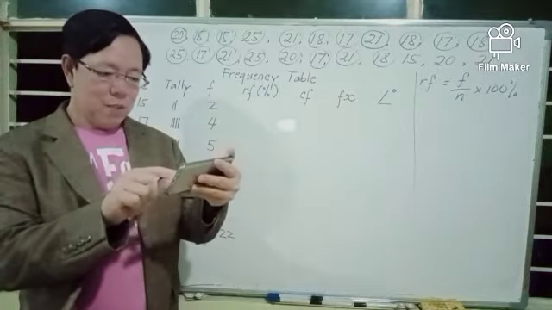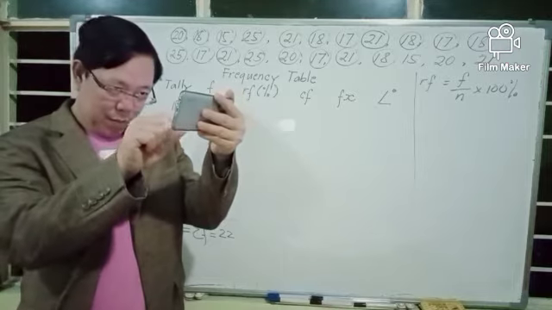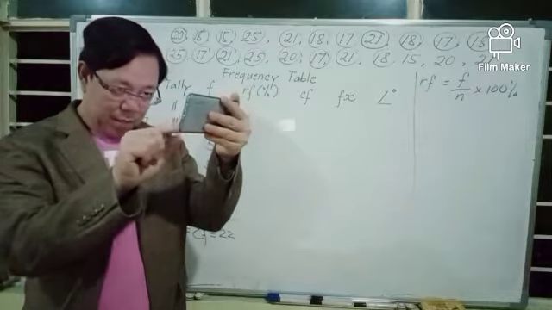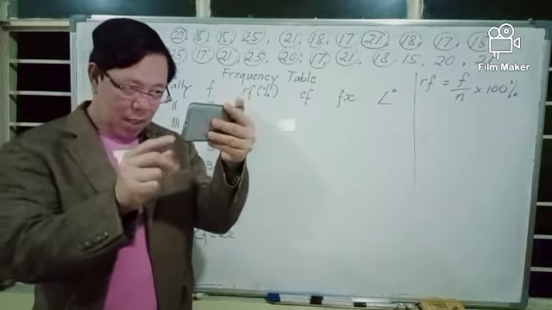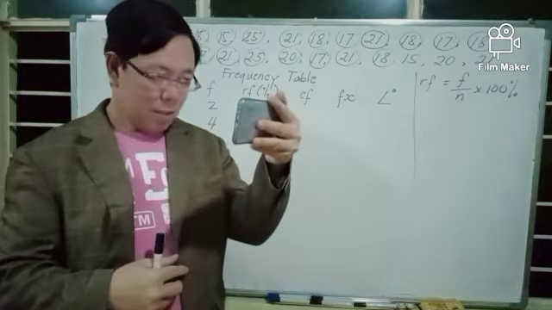We have 2 divided by 22, multiply by 100, and you should get 9.0909.